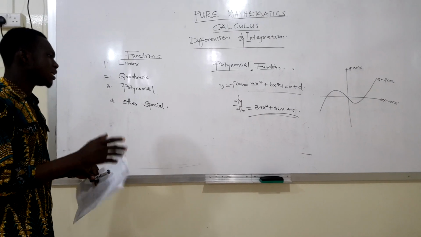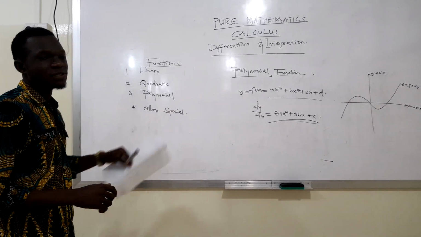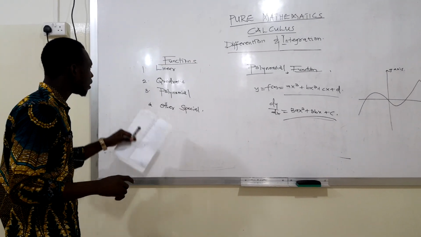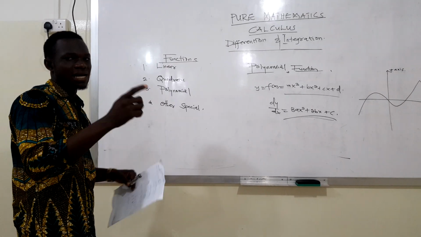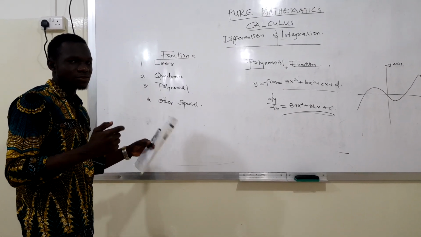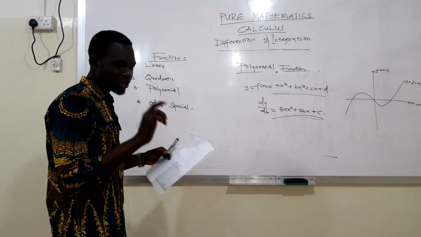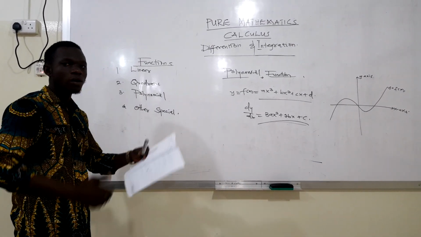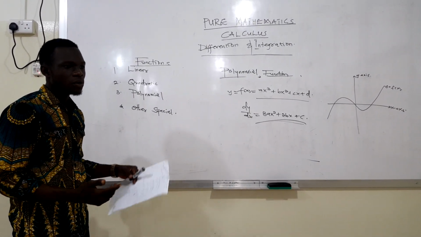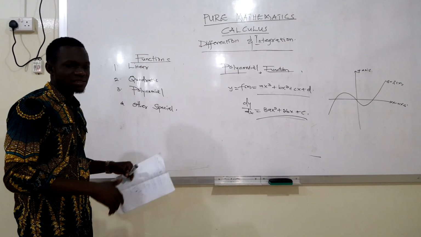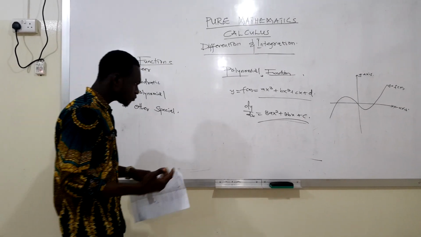It has two turning points for polynomial, but for quadratic, it has only one turning point. And linear is only a line, with its gradient being a single value. But for quadratic, it has several gradients as far as the curve is concerned.